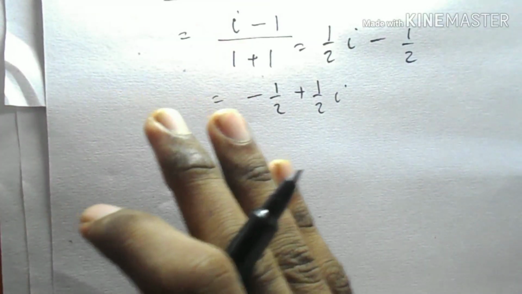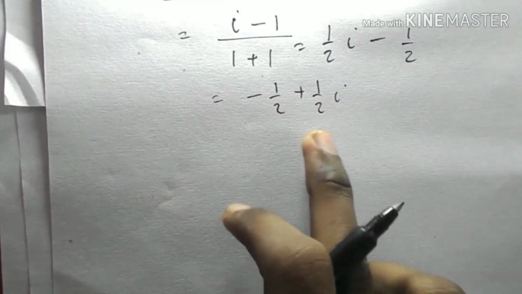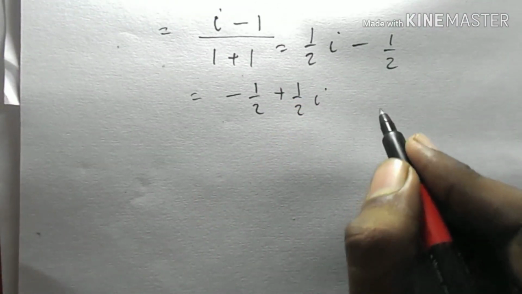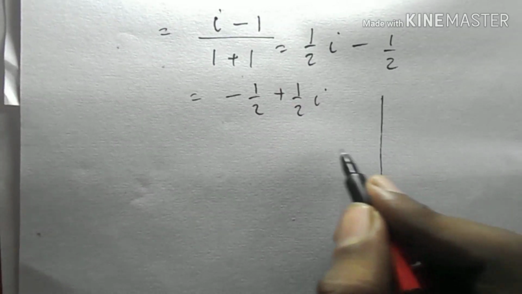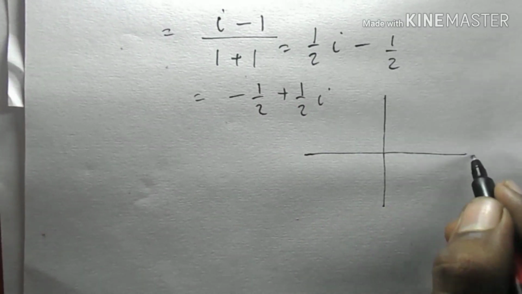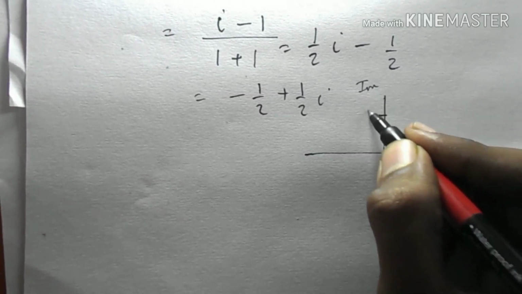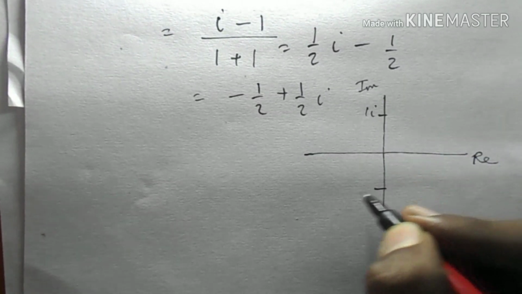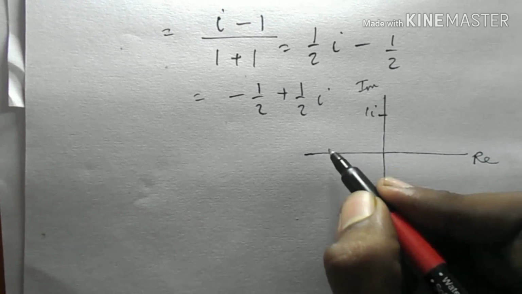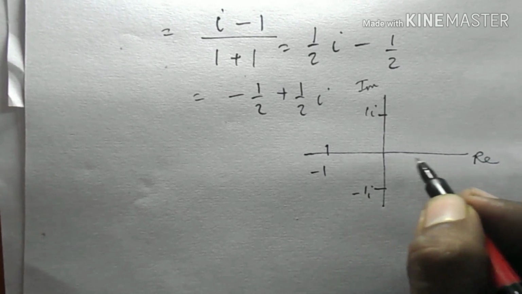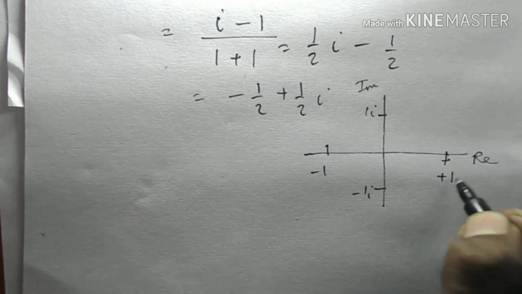Now from this, first we are going to check in which quadrant this term lies. So first we need to draw the graph, right? So this is the real axis, this is the imaginary axis, this is say 1i, and this is say negative 1i, this is negative 1, and this is positive 1, right?